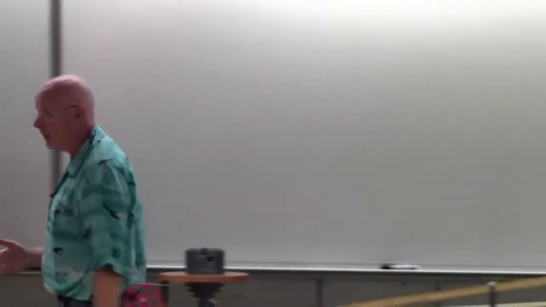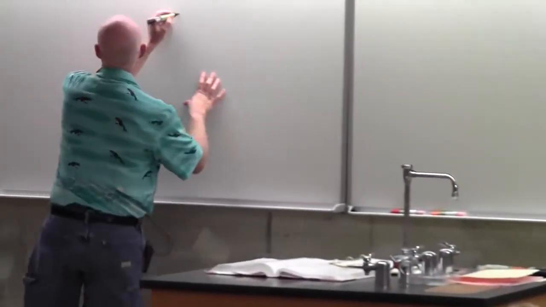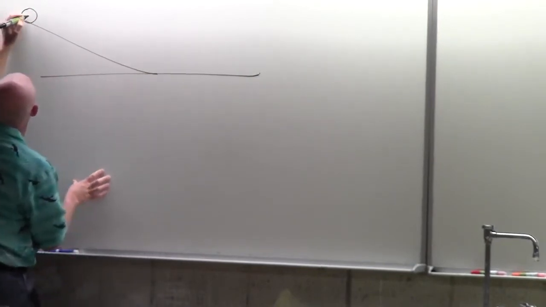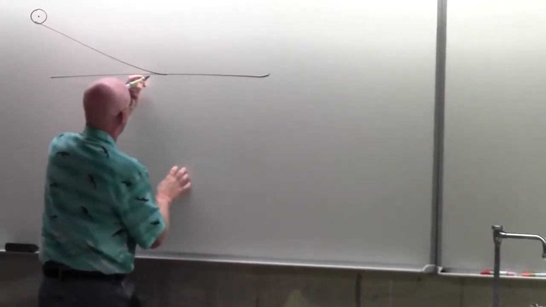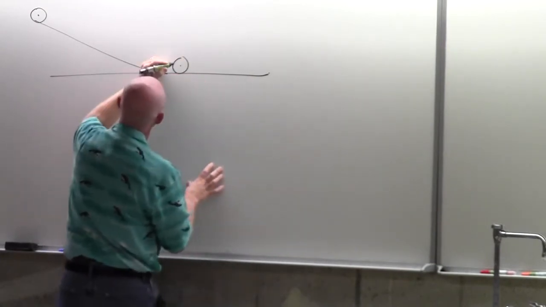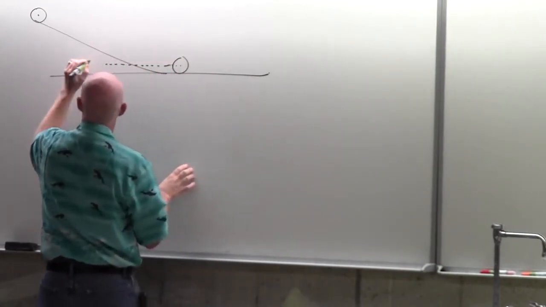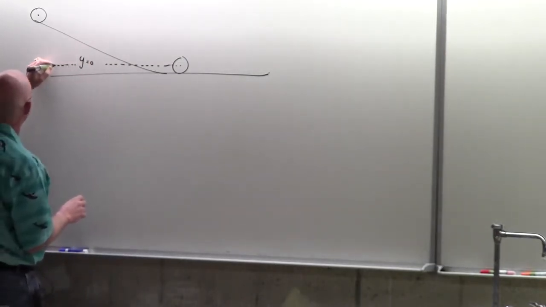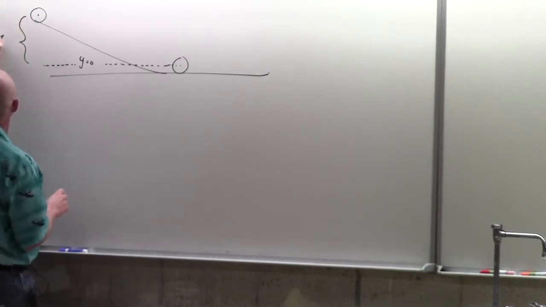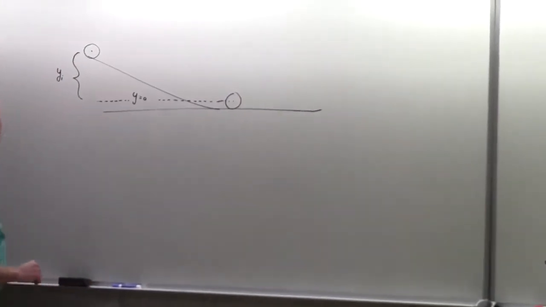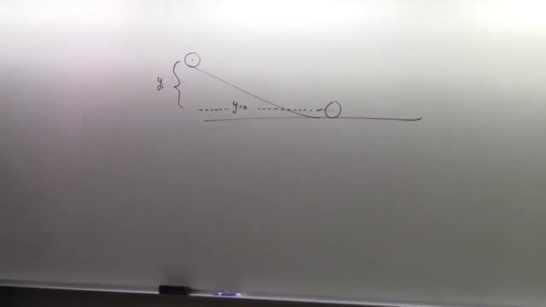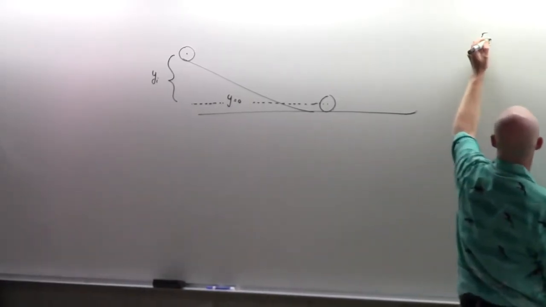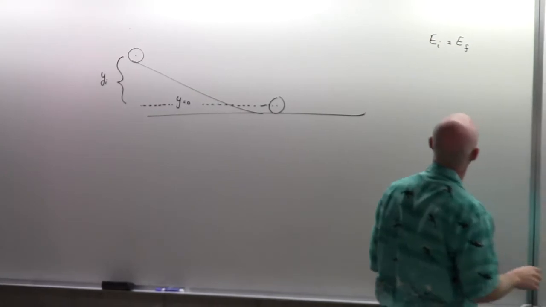But we did this little problem and we said, all right, if you had an object up on the hill, and you measure things from its center of mass, let me call this y equals 0. If the object starts with an initial height and I apply conservation of energy, I would say initial energy is equal to final energy.